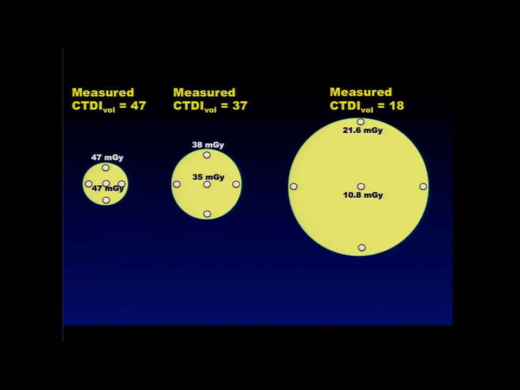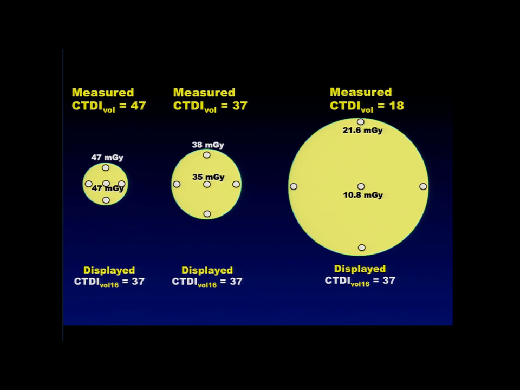Remember, we irradiated these three phantoms and we measured the CTDIvol values that you see at the top of the slide. What's the scanner going to display when I do this experiment? Well, if it uses the 16 centimeter phantom, it's going to display 37 milligray in all three cases. What's the definition of CTDIvol? It's the dose given to a phantom.